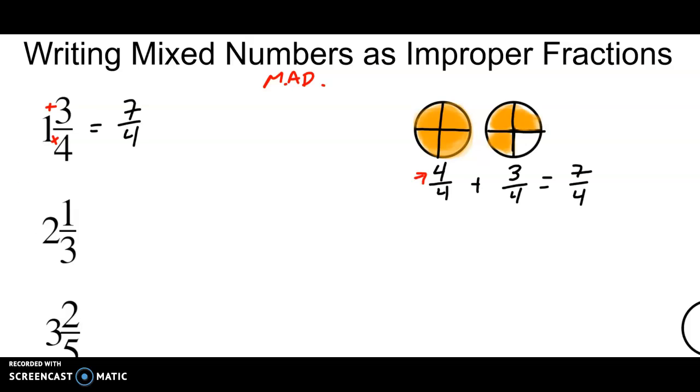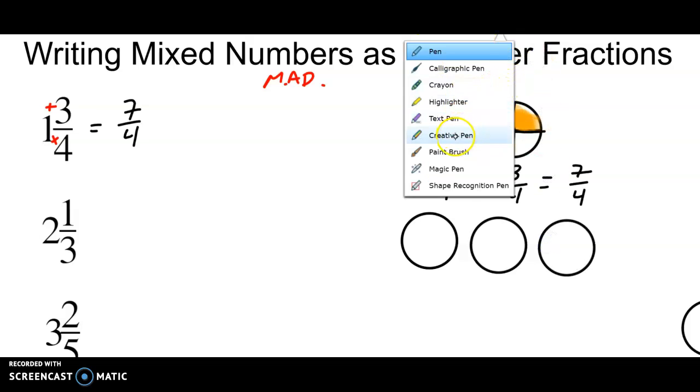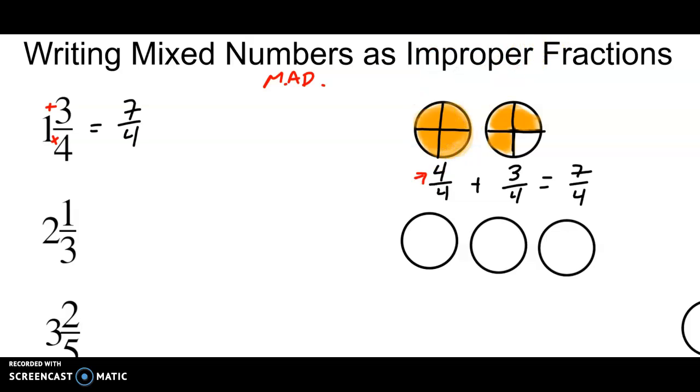Let's look at the next one, 2 1/3. All right, so ready? I'm going to pull out 2, 1, 2, and then I have to have 1 for the 1/3. So I got to color 2 wholes, 1, 2, and then 1/3.